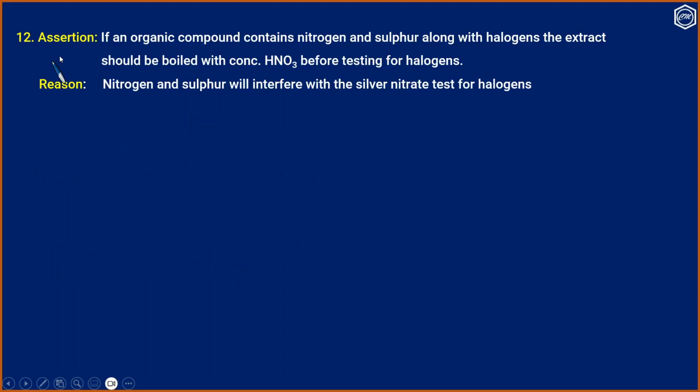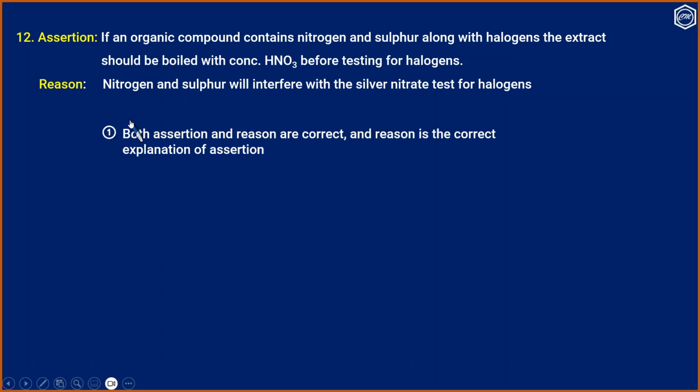Question 12, that again is an assertion reason question. Assertion: if an organic compound contains nitrogen and sulfur along with the halogens, the extract should be boiled with concentrated nitric acid before testing for halogens. Reason: nitrogen and sulfur will interfere with silver nitrate test for halogens.